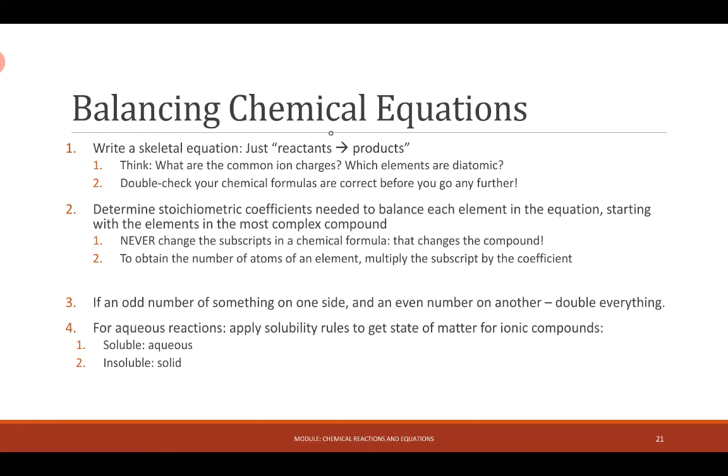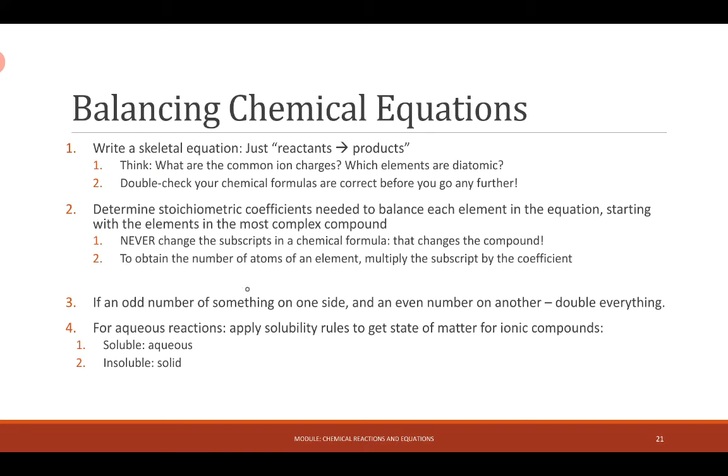A lot of times you're also asked to figure out the chemical formulas, and it's really essential that you get your chemical formulas correct before you attempt any balancing. Because if you are having a hard time balancing, then it might be because you got a chemical formula incorrect.